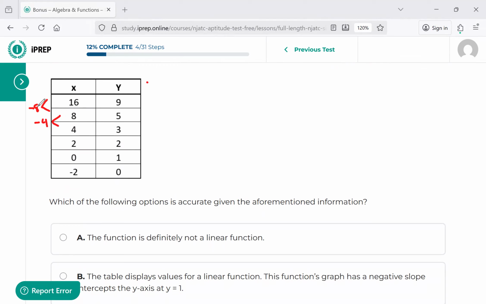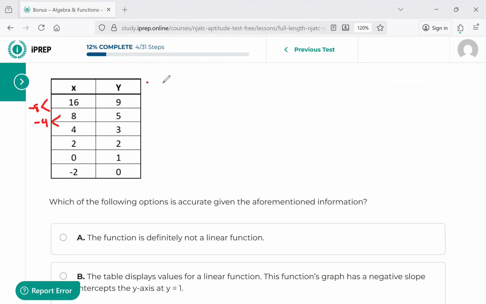So these aren't the same, so at first I thought it was not linear, but just because these aren't the same, it could be linear. So how do I know if it's really linear? There's one more test you could do. If the slope is consistent.